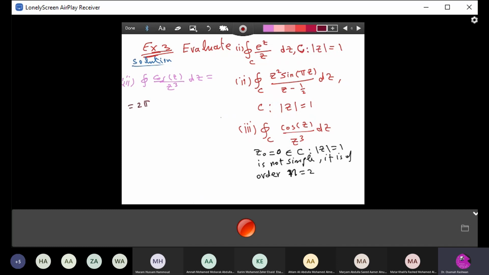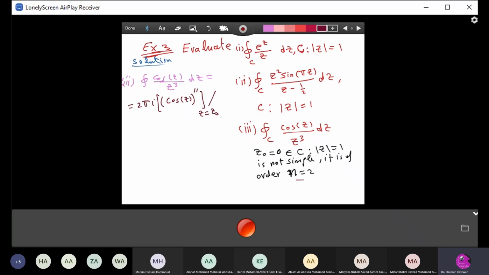Yes, 2 pi I times my f of Z, which is cosine Z, and I have the second derivative, so I have a double prime. After I finish the derivative, I have to write Z equal to Z0, and don't forget to divide by factorial n.